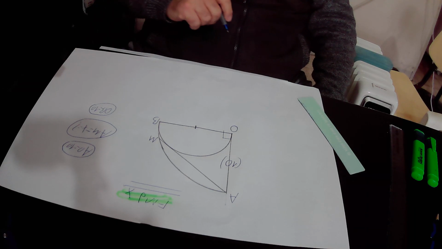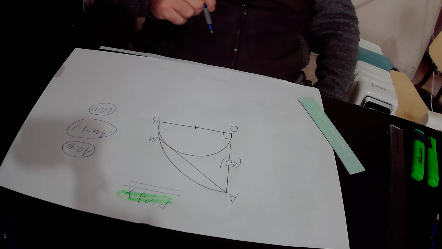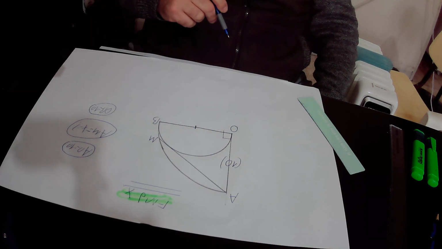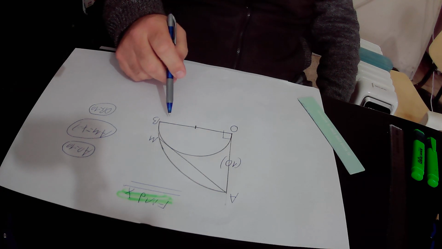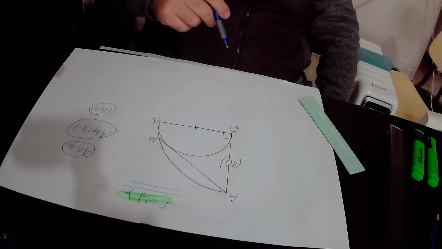OB is not only the radius of this quarter circle, but it is also the diameter of this semicircle. So OB equals 10 units, and it is the diameter of this semicircle.